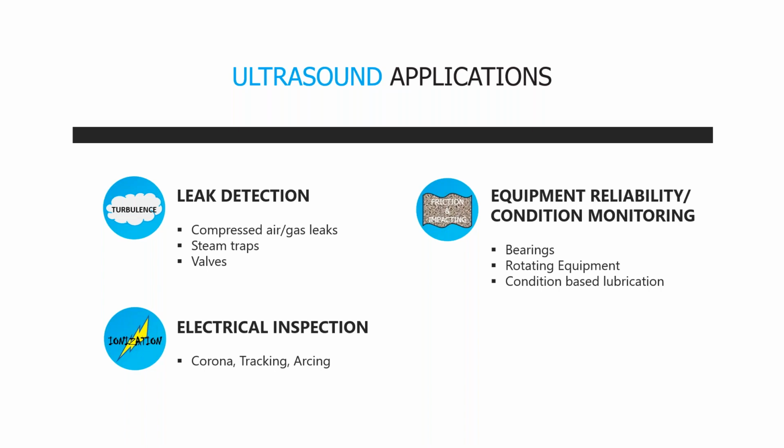So what happens is, when you have these slow-speed bearings, if you have a fault that starts to occur, that fault will sound like a click or a pop or a tick or a screech. And then, of course, we're going to hear that in the headset. And if you're using an UltraProbe 10,000 or 15,000, you have the ability to record the sound of that slow-speed bearing. And when you play that sound file back and look at it in the time waveform, those anomalies will show up really nicely in the time waveform. So again, turbulence, mainly with leak detection, ionization with electrical faults, and then friction and impacting with bearings.